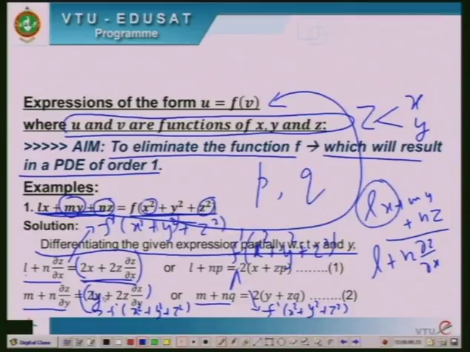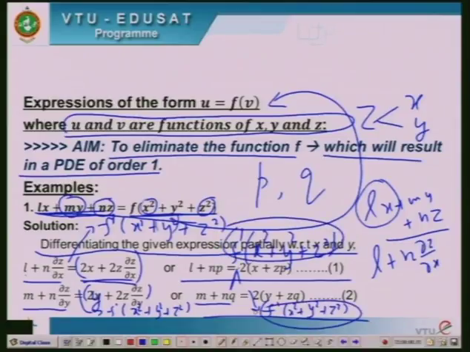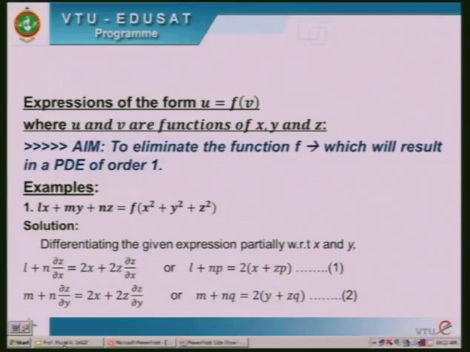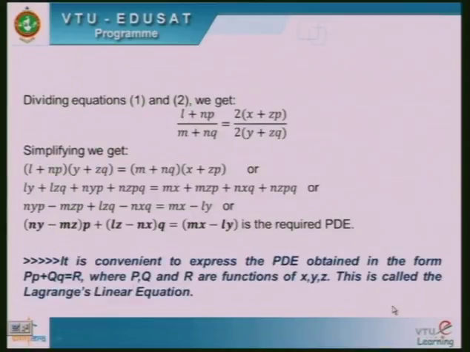So, how to form the PDE? The aim is to eliminate the function f from the given relation. So, just divide equations 1 and 2. What happens if you divide equations 1 and 2? You can see that the f' terms cancel and also the 2 here cancels, which will give you the relation.